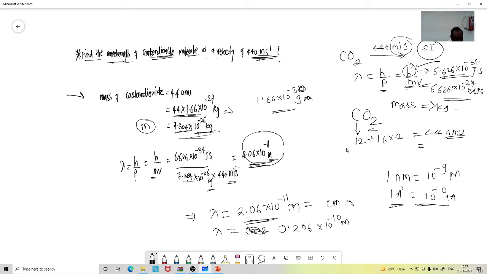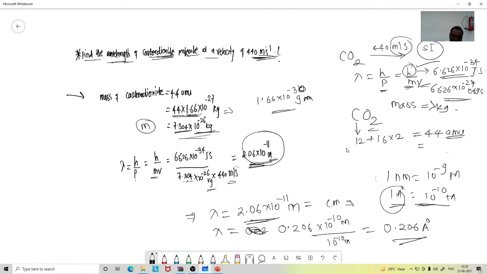One digit I have moved. Therefore, if I divide it by 10 raised to minus 10 meter, that comes out to be in the angstrom value, that is lambda is equal to 0.206 angstrom.